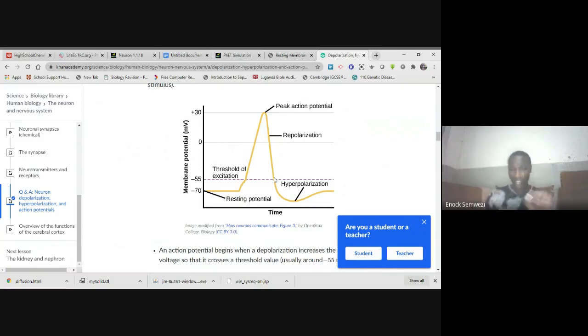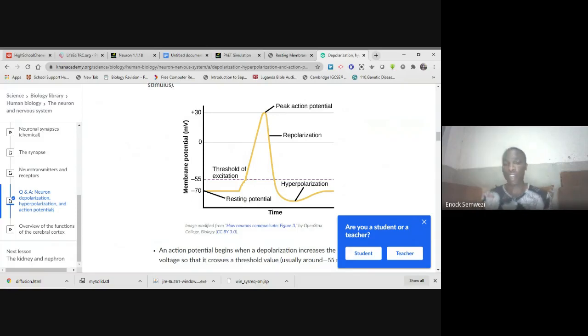However, because there is a delay of closure of the potassium gated channels, there is hyperpolarization, meaning that the inside becomes more negative than the resting membrane potential. That is caused due to the delay in the closure of the gated channels, and specifically the potassium gated channels.